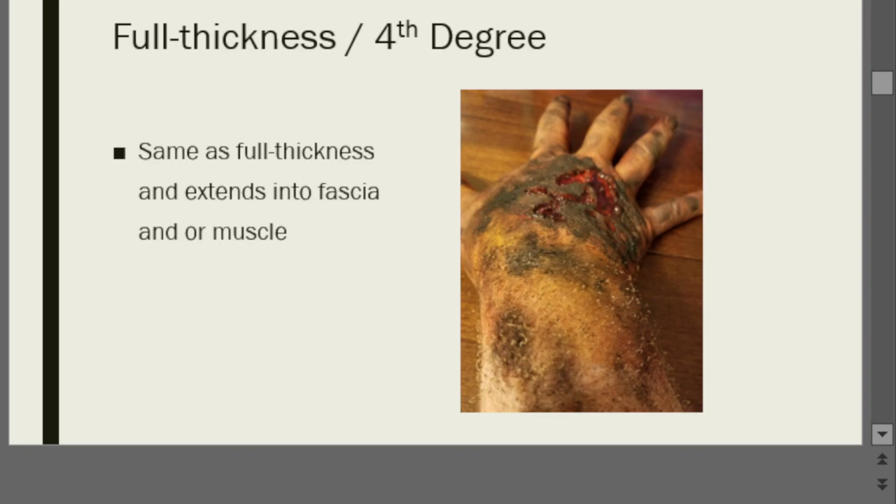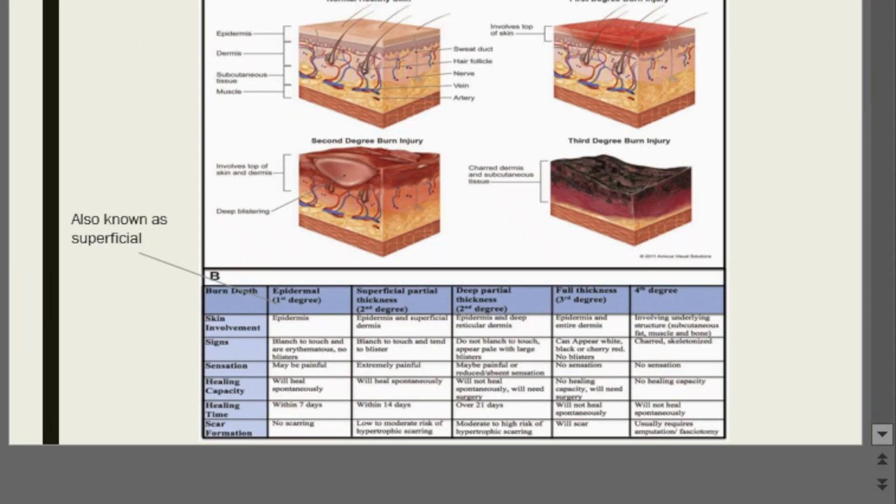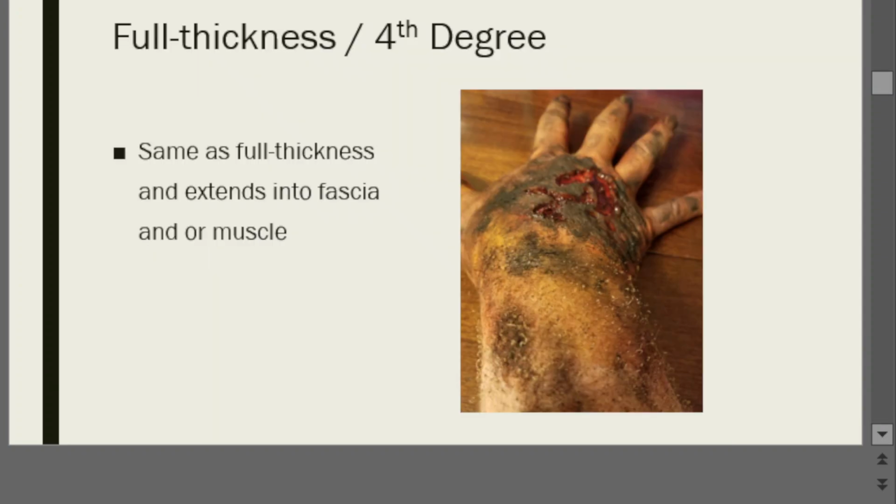Our fourth degree burn is the same as the full thickness burn, but a fourth degree burn includes an extension into the fascia or muscle.